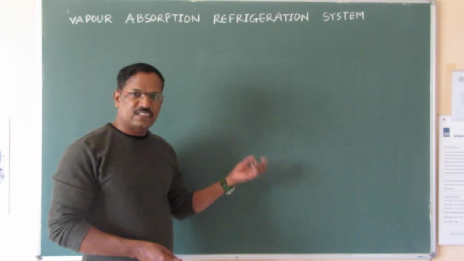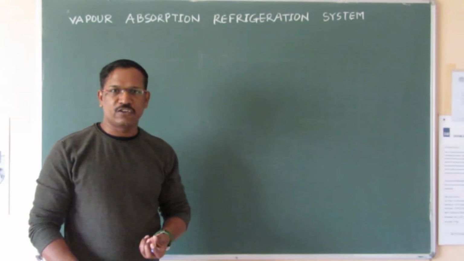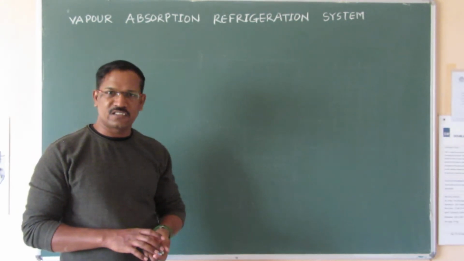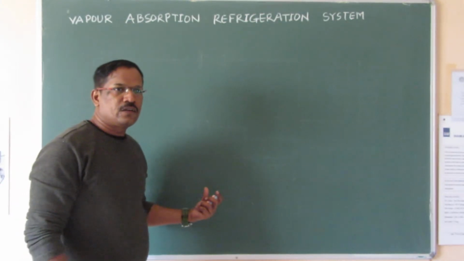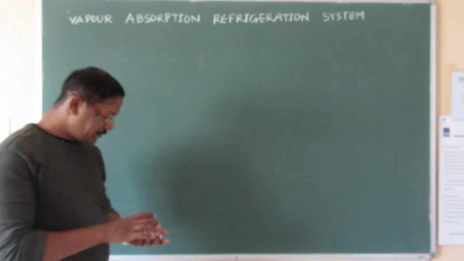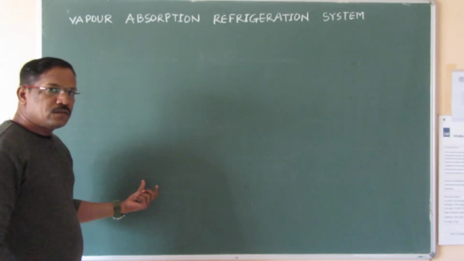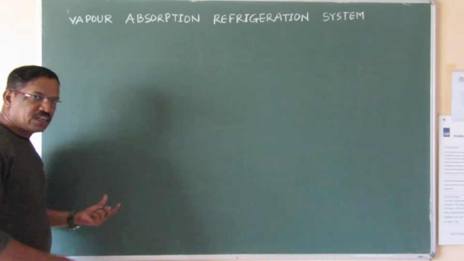Let's start drawing the schematic of the vapor absorption refrigeration system, and during drawing we will learn the different parts and how they work. We will start from the absorber itself, just like a compressor.